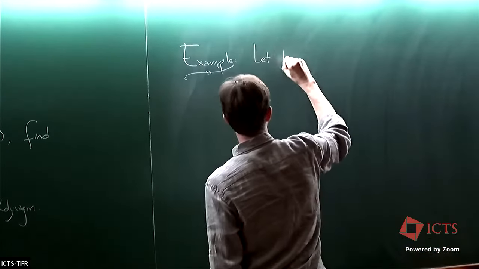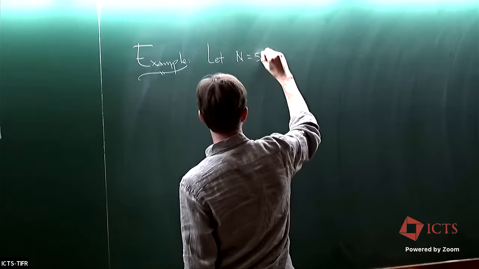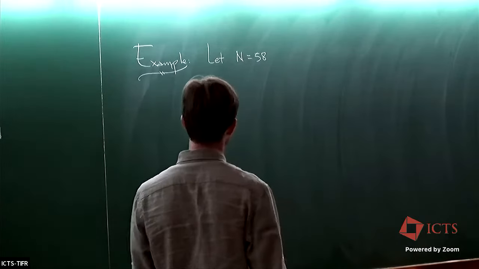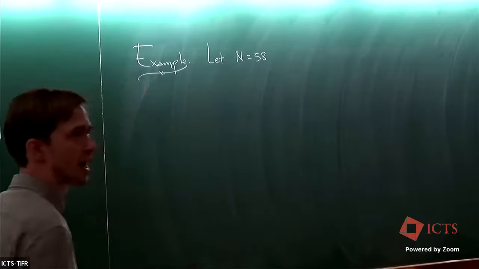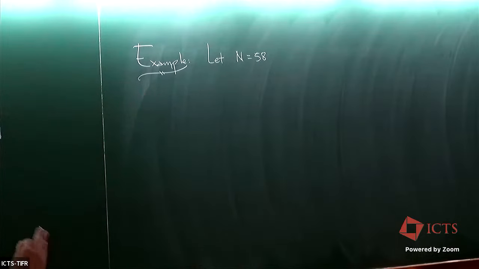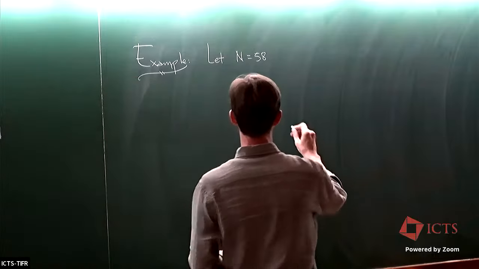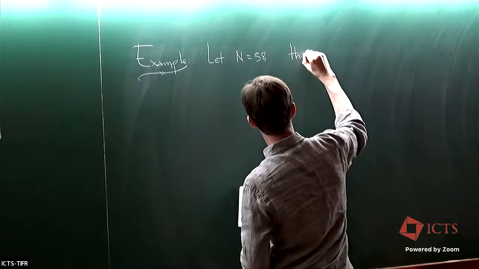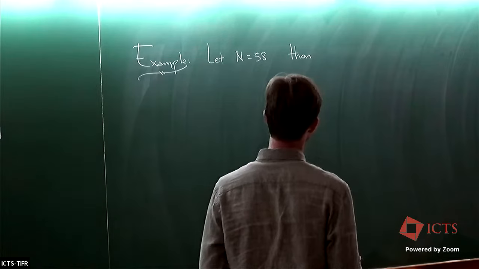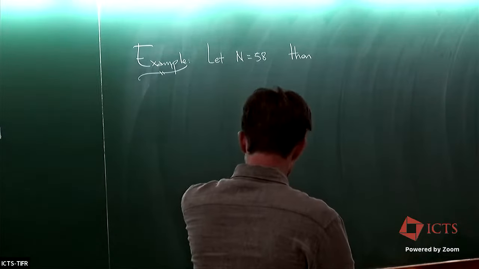I'm going to take n equal to 58. And I cannot emphasize enough how little thought I put into the choice of this n. You can do it for any n you like. And in fact, I encourage you to do it. It's really instructive to do these kinds of computations. You learn a ton, not just about the Heegner point construction, but also about elliptic curves and modular forms in general.